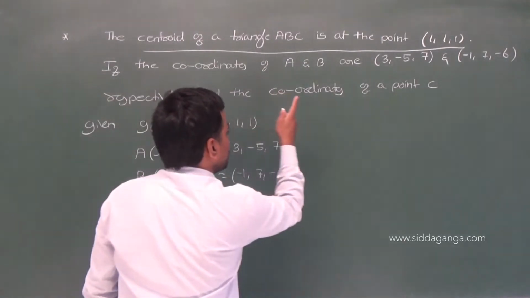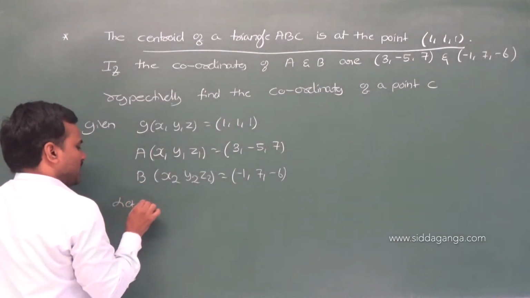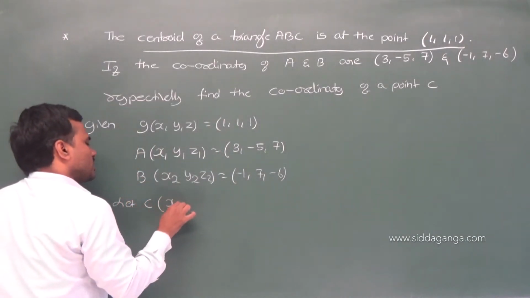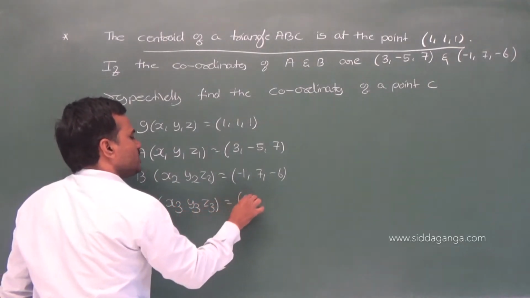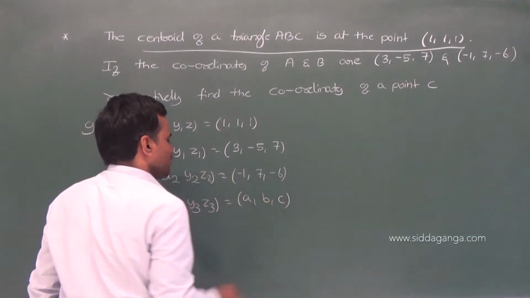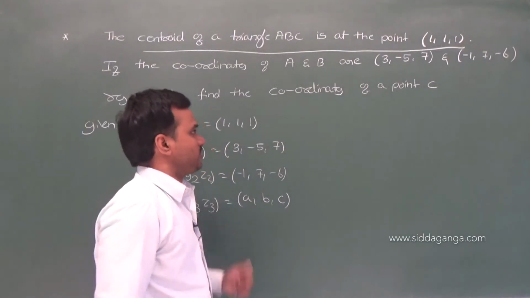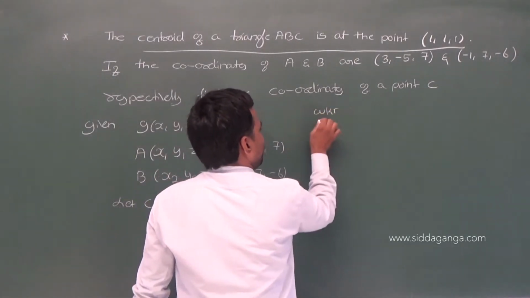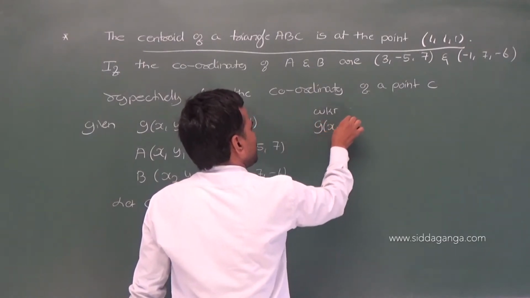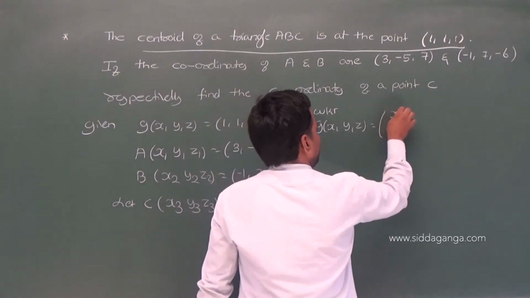Find the coordinates of the point C. So let us write C of x3, y3, z3. We have to find out the coordinates of the point C.